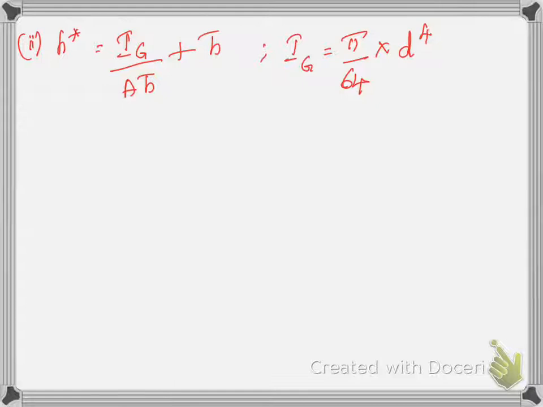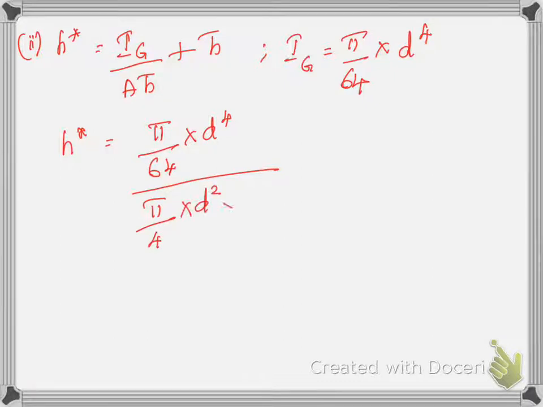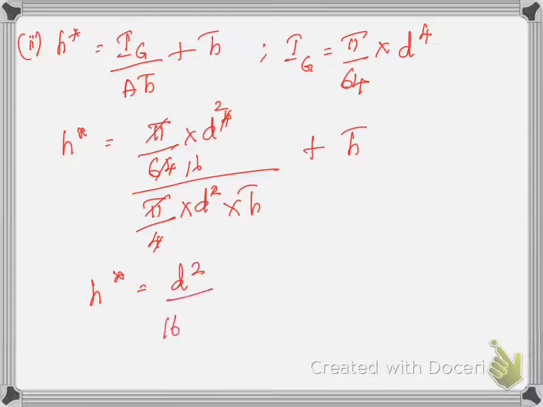Now h star is equal to, instead of Ig I am substituting pi by 64 into d power 4, and instead of A I am substituting pi by 4 into d square, into h bar, plus h bar. So this pi and pi get cancelled, d square cancels with d power 4 leaving d square, and this becomes 16. So h star is equal to d square by 16 h bar plus h bar.